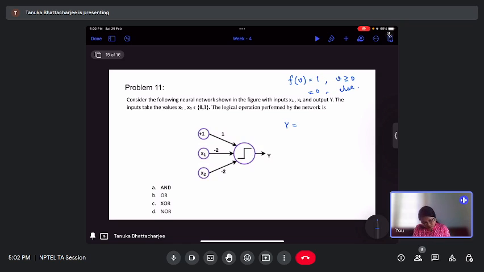Anyway, so your operation will be -2x1 -2x2 plus 1. This is the output function for this case. So, if you just take the chart, let us say first both x1 and x2 are 0. So, y is basically f of 1 which is 1.